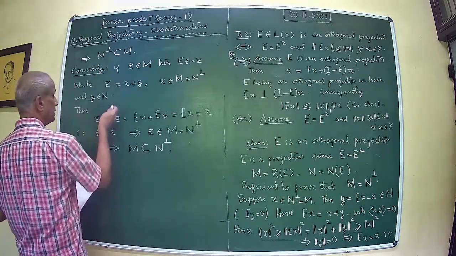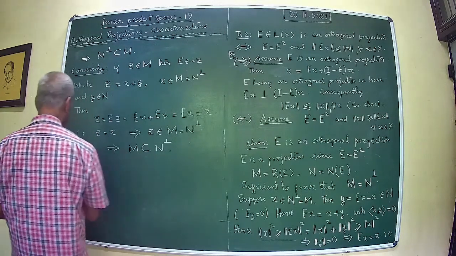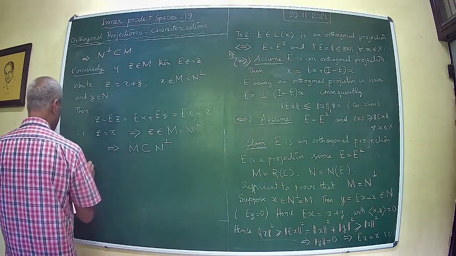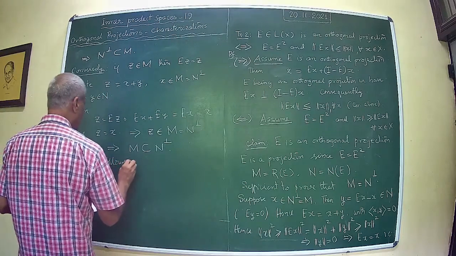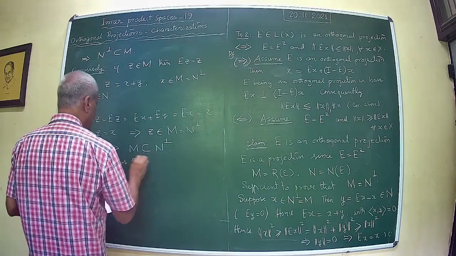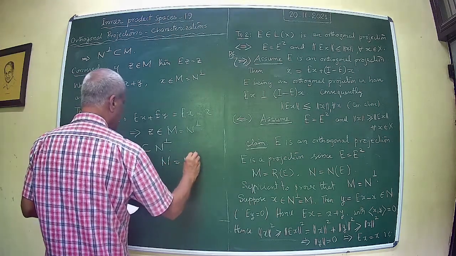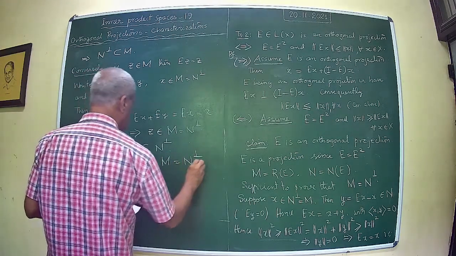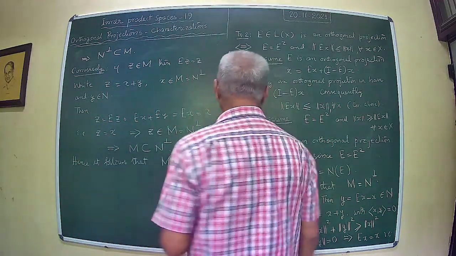Hence, together, these two results give M is equal to N perp. Okay, so that completes the proof of this.